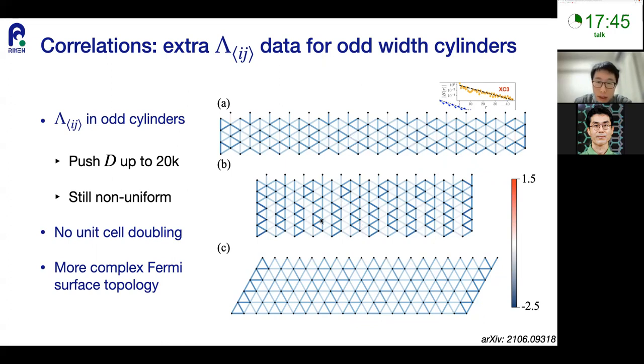Maybe there exists some larger unit cell along this direction, and it's also consistent with the correlation results. So we consider that for the odd width cylinders, there may exist a more complicated Fermi surface topology.